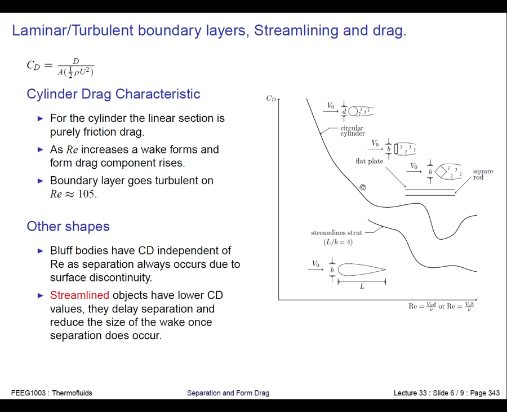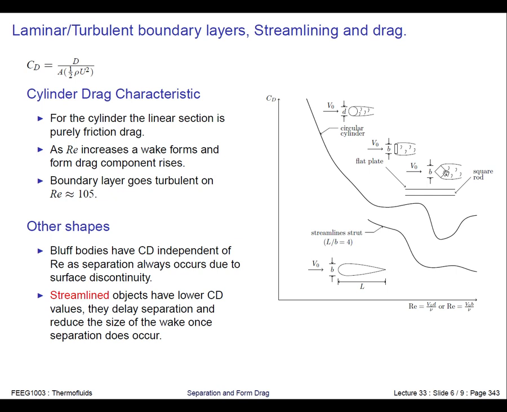So some people design objects that are called bluff bodies. So these have shapes. So let's take, for instance, the square rod. So these have corners on them, and what happens when you have a sharp corner is, regardless of the flow, more or less, you always get separation on these points, and the drag characteristic and the separation doesn't really change with Reynolds number.